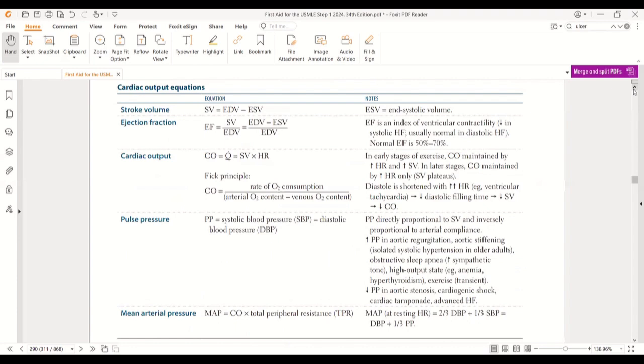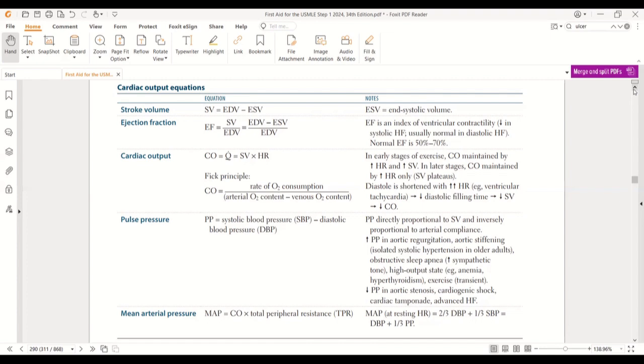Stroke volume. So we already discussed the stroke volume. What is the stroke volume? The stroke volume is basically the volume that is ejected by the ventricle.